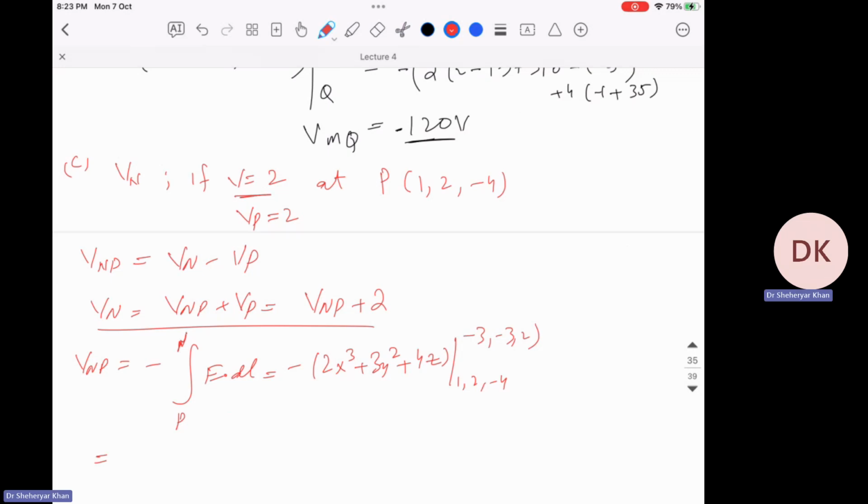Once you evaluate the integral, you don't need to do it all the time. Just take the integration one time and then use it for the rest of the questions. Fine.